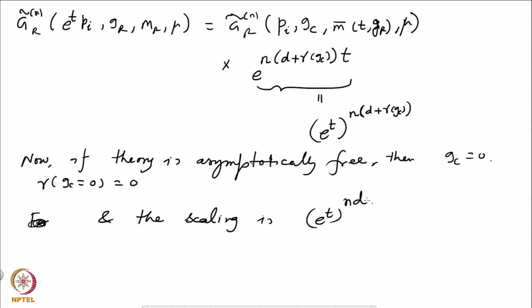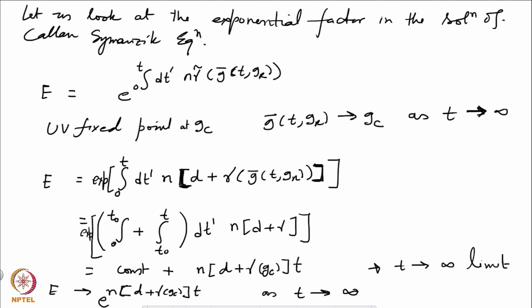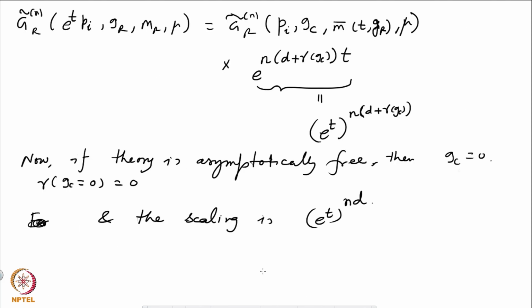Now let us do this in more detail instead of directly putting this thing here. So here we just put a constant here. Now we'll do it with a little bit more care, and we will see that there is a minor modification to this, and I'm going to utilize some information about the beta function.